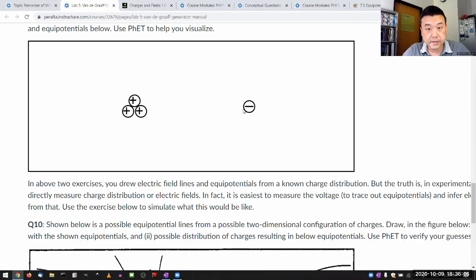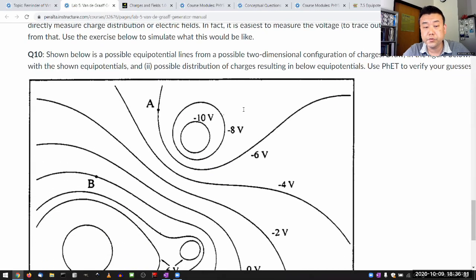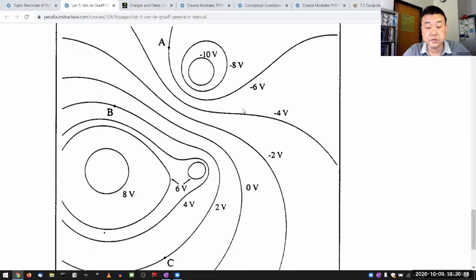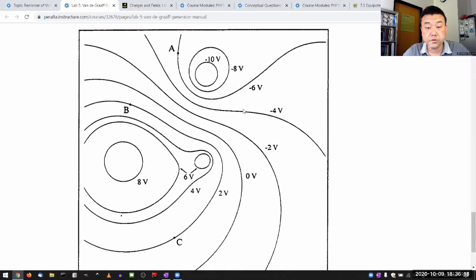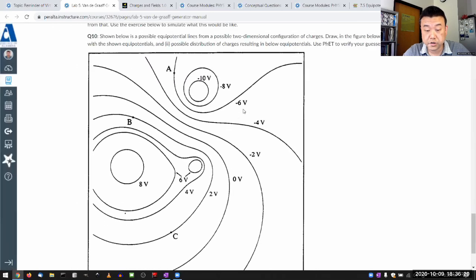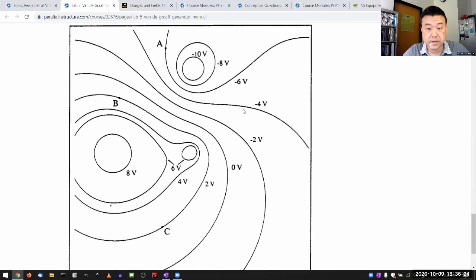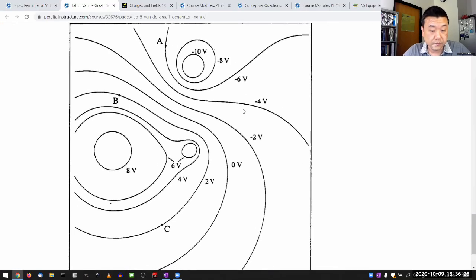Where they are more needed and really useful is when you actually don't know the charge distribution. That's what this question 10 is showing. It's showing you some kind of arrangement where you can say this much, which is what the voltages look like at 0 volt and 2 volt intervals up until 8 volt and minus 10 volt.